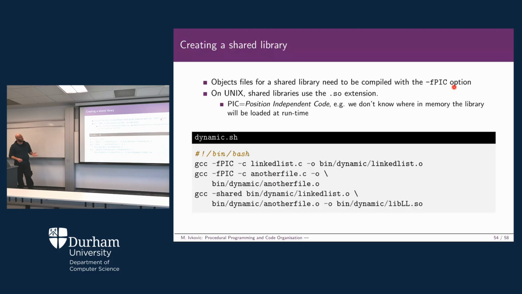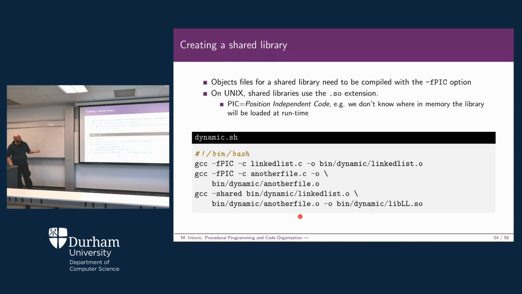So how do we do that? Let's compile our two files, linked list and another file.c, into a dynamic library. So we add the -fpic, again the -c for compile but don't link, and make the output files linked list.o and another file.o.